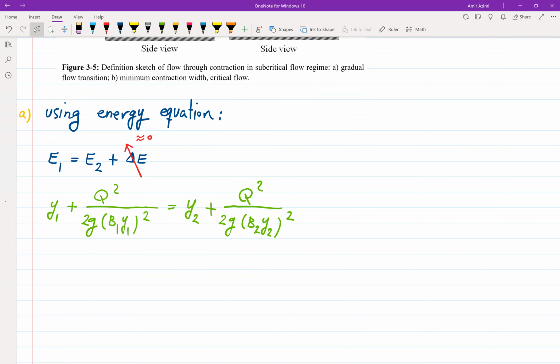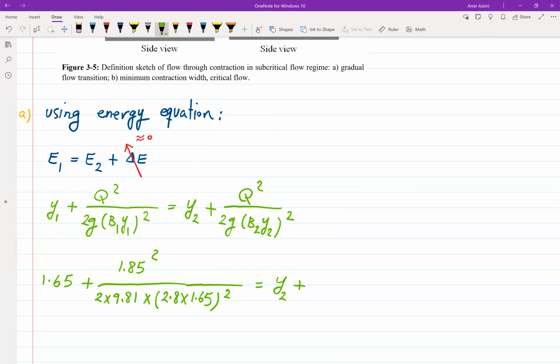So I'm going to put the values here. 1.65 plus 1.85 squared divided by 2 times 9.81 times 2.8 times 1.65 squared is equal to Y2 plus 1.85 squared divided by 2 times 9.81 times 1.96 times Y2 squared.